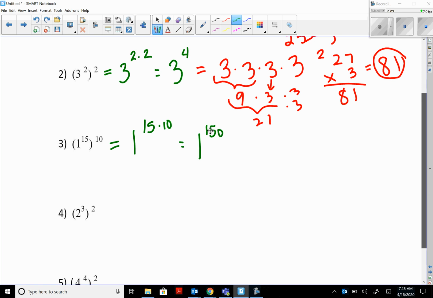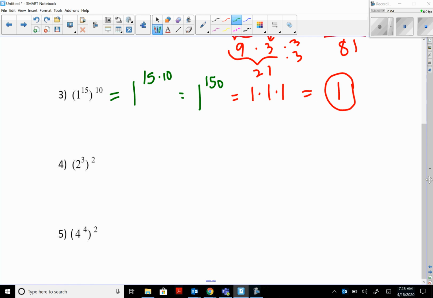Now, I'm not going to make you write out 1 times itself 150 times, but hopefully you know that when you multiply 1 by itself, it doesn't really matter how many times, whether you do it 2 times or 150 times, you're still going to get a product of 1. So my answer is 1.